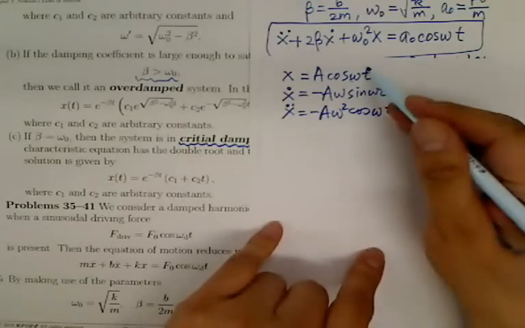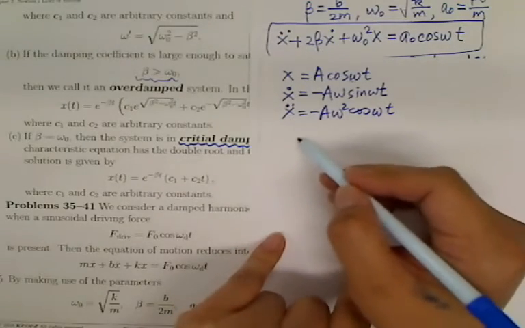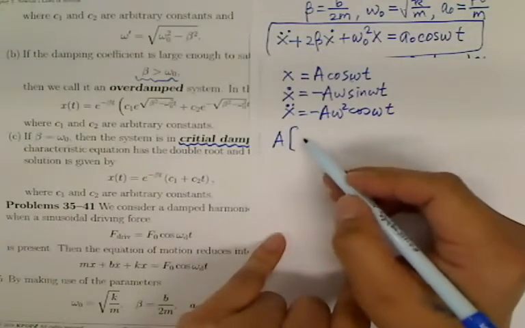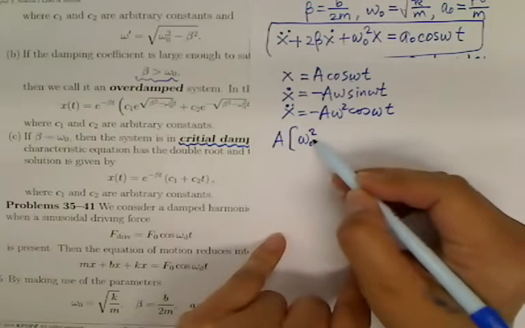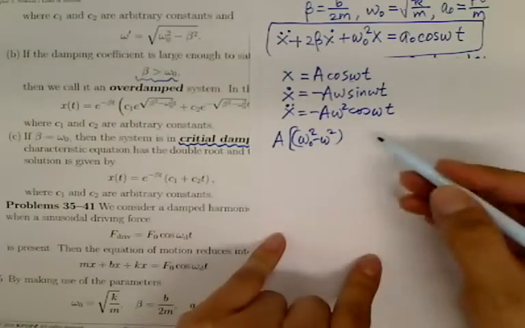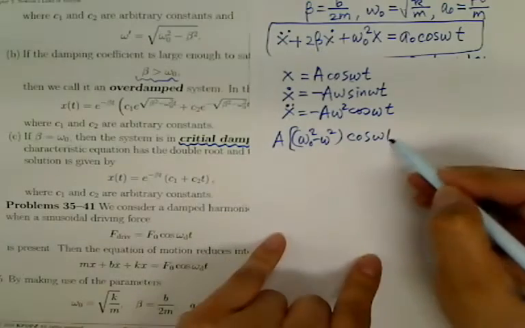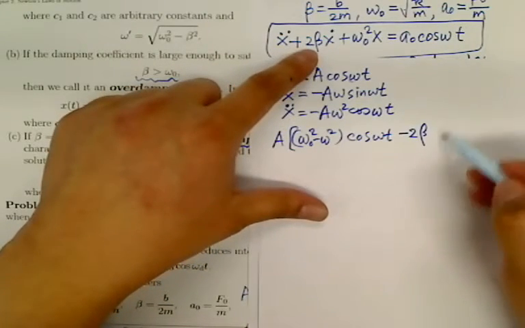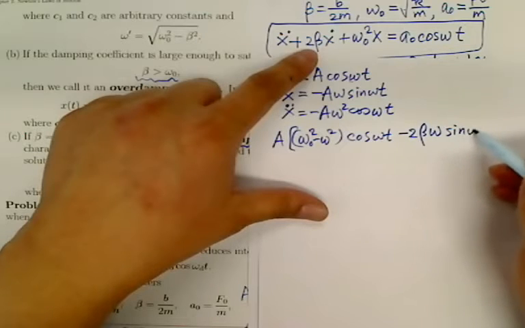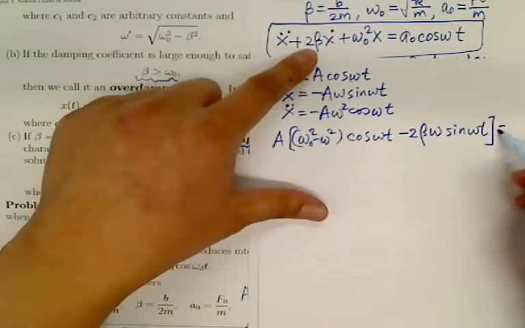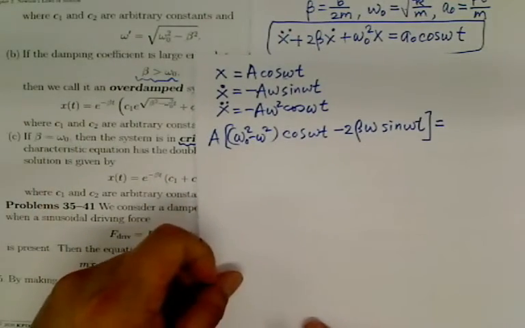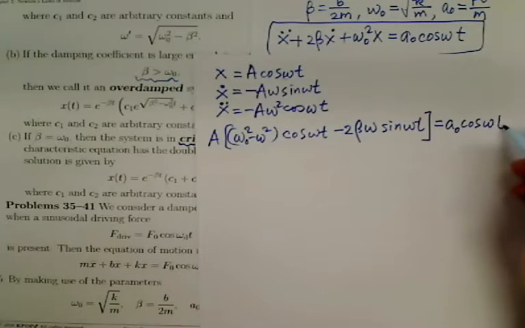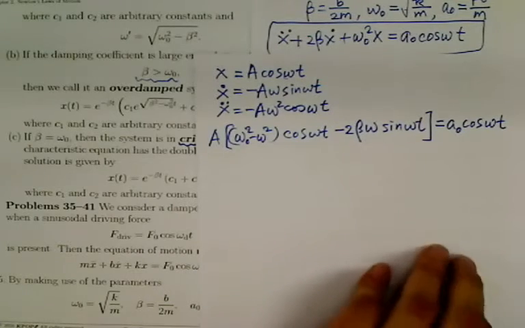If we substitute these three results in the expression, we have A as an overall factor, omega 0 squared minus omega squared, cosine omega t, and we have minus 2 beta omega sine omega t, equals A0 cosine omega t.